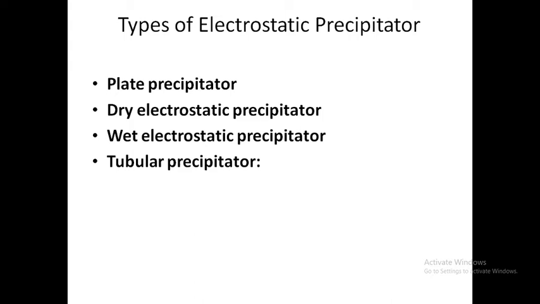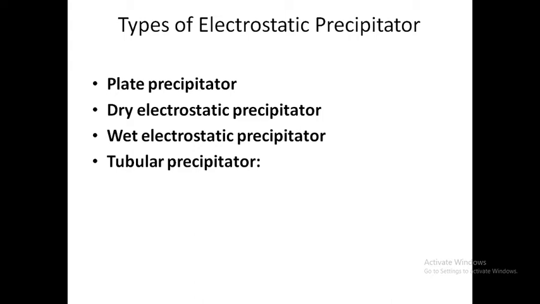Second one, dry electrostatic precipitator. This precipitator is used to collect pollutants like ash or cement in a dry state.